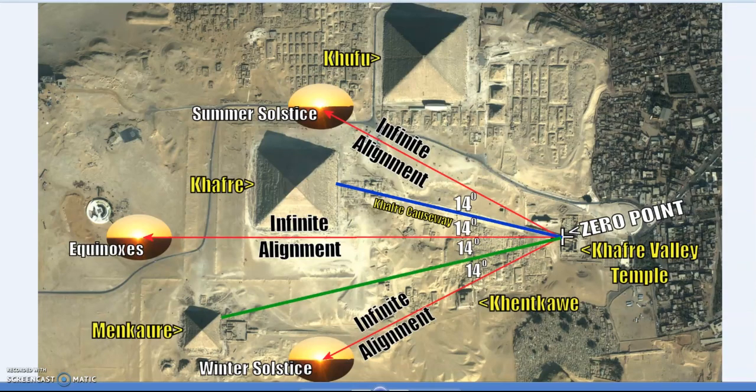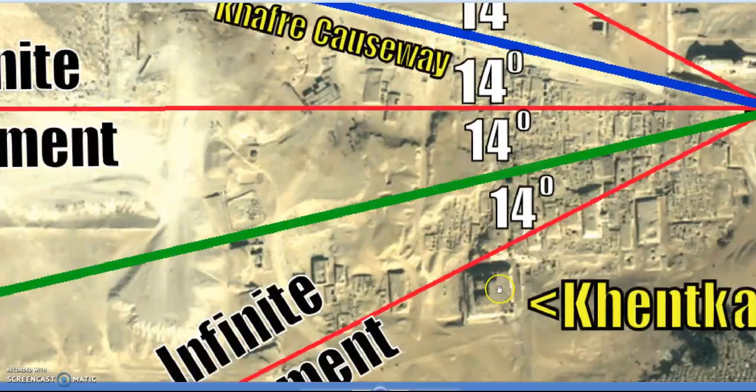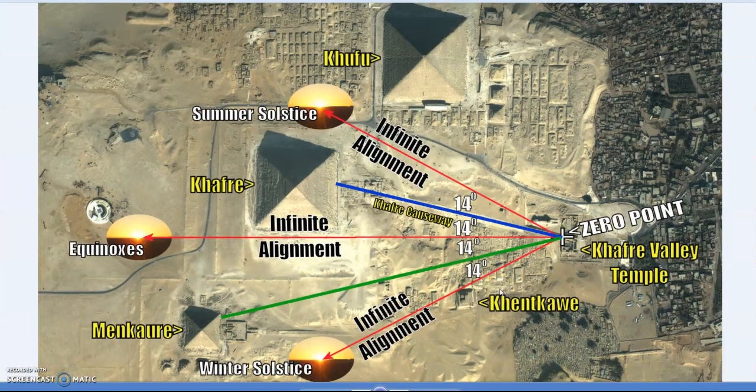As I showed earlier, if we use the 0 point on the northwest corner of Khafre's Valley Temple, we're linking all three of the great pyramids, but also the lesser fourth Khentkawes tomb/pyramid, beginning with some archeoastronomy: the solstice, the equinoxes, and summer and winter solstice as well.